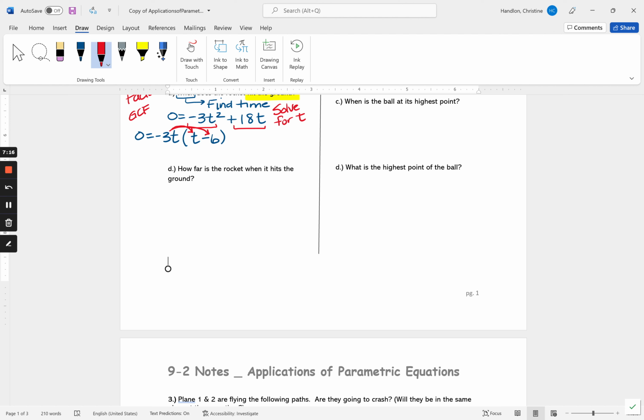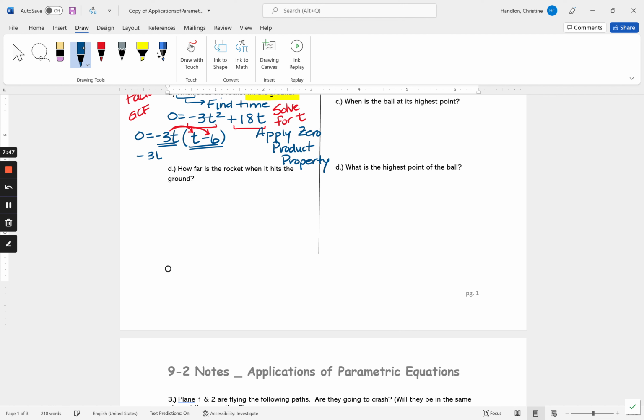Once I finish factoring, I'm going to apply what's called the zero product property. What that means is that I take each one of those factors and set it equal to 0. I take this first factor and set it equal to 0, and this factor and set it equal to 0.